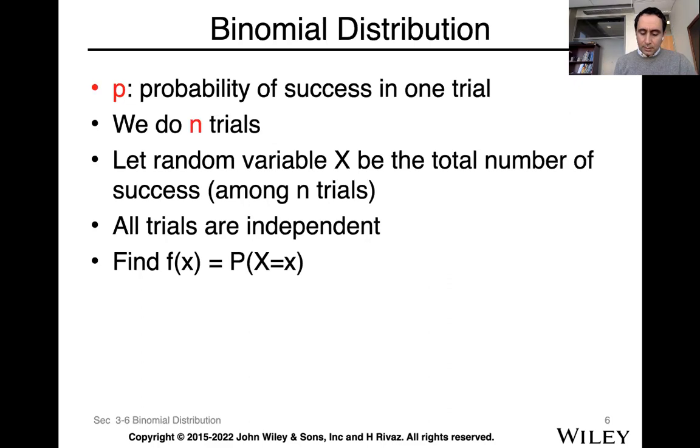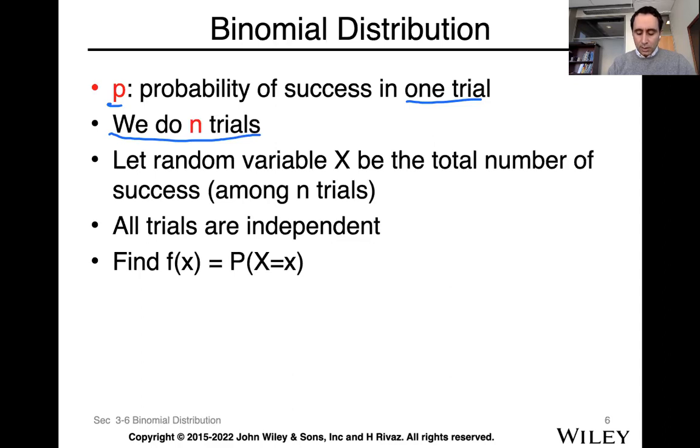Assume that p is the probability of success in one trial, and I'm doing n trials. If you want to visualize this, you can think about the following experiment. You roll a die 10 times.